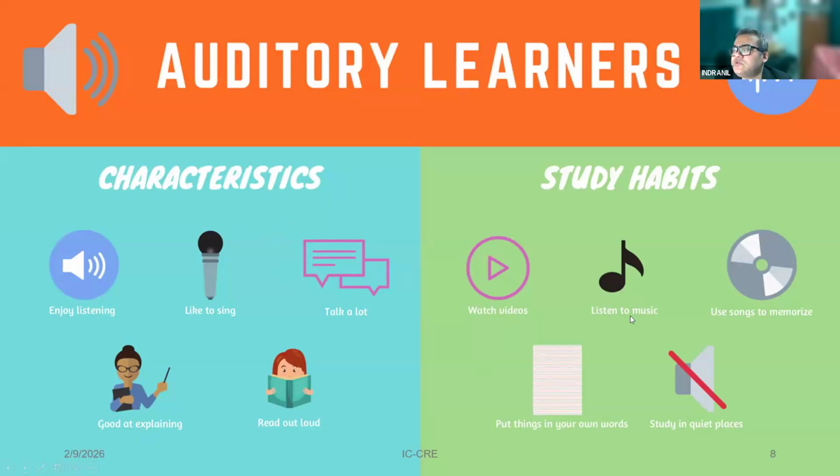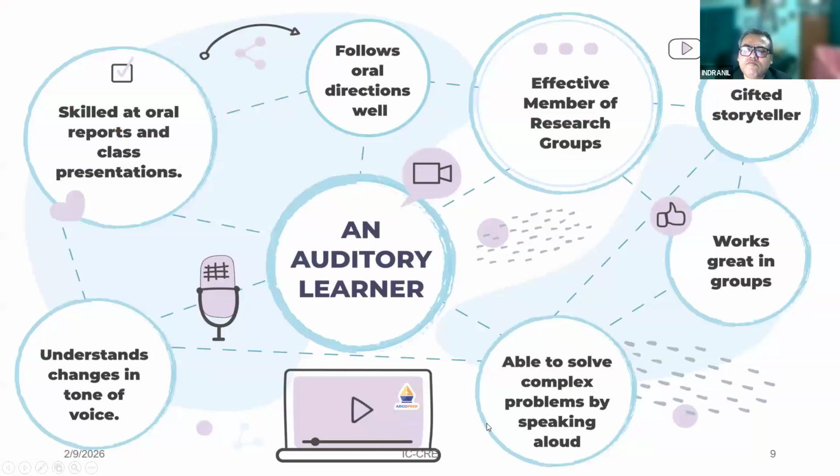You can listen to music, you can use songs to memorize, like mnemonics. You can put things in your own words, and you can study in quiet places. I always prefer that, because if there is noise, sometimes I feel a distraction.